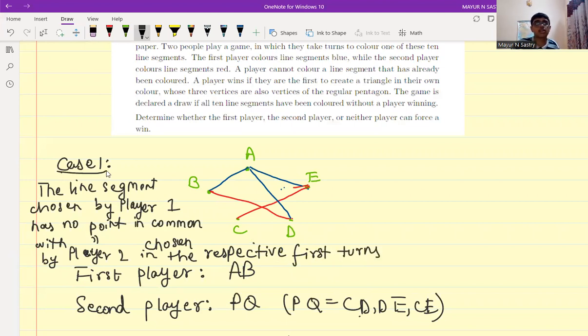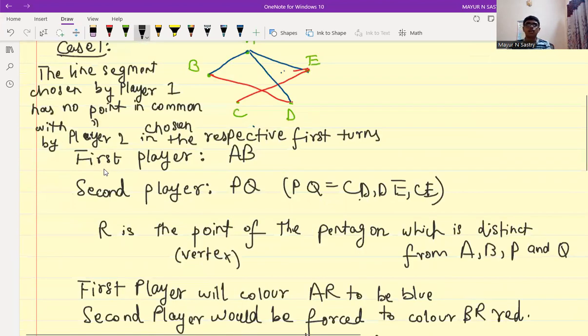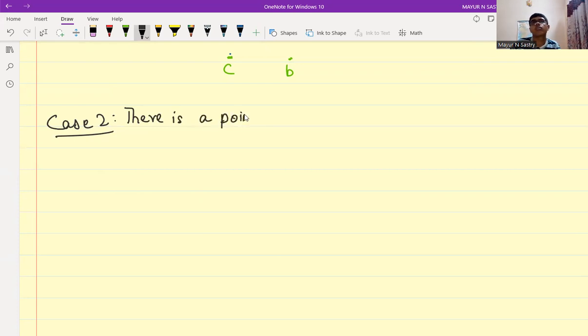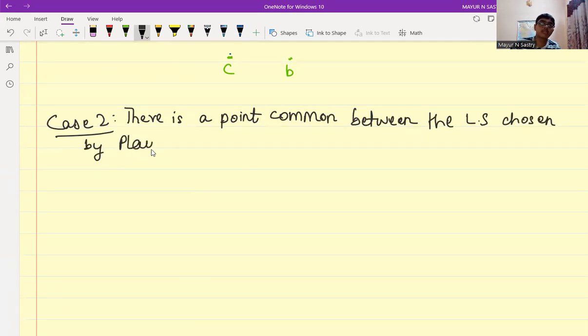So that is how we describe case 1. And case 2 would be, there is a point common between the line segments chosen by player 1 and player 2 in their first turns.